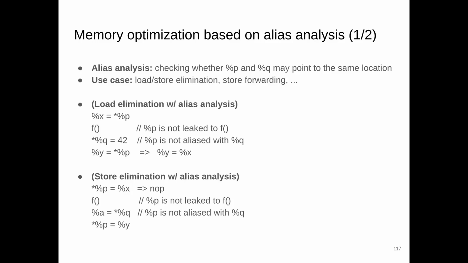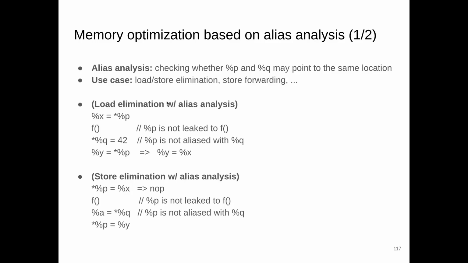However, if we are quite sure that P and Q point to two different locations, then we may be able to perform optimizations on P even though there is an intervening write to Q. Using this alias analysis, we may perform advanced memory optimizations such as load store elimination, store forwarding, etc. So here's an example.